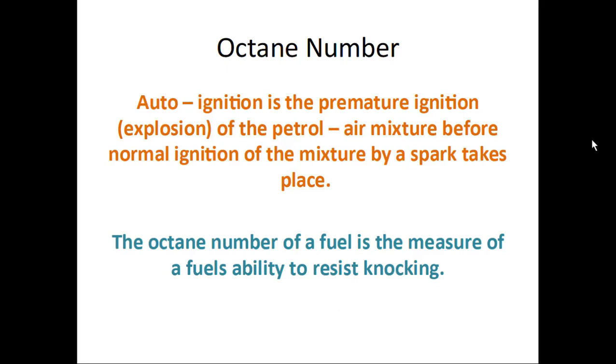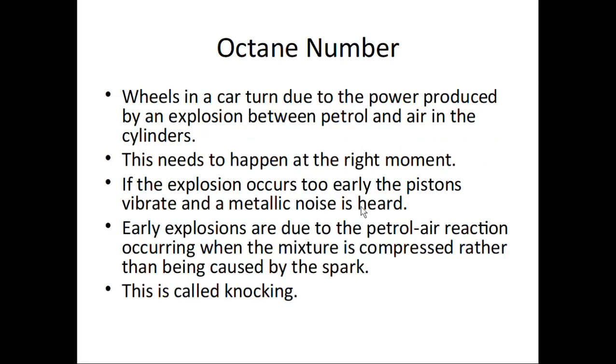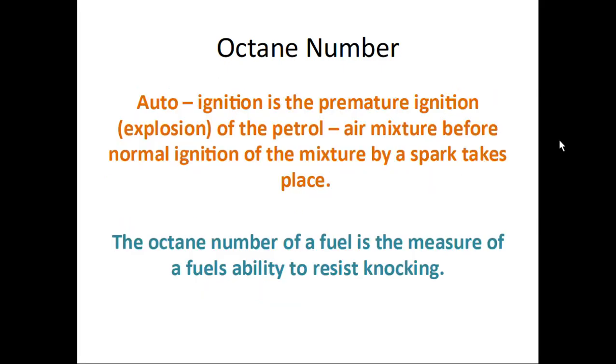And this is your definition for it. It's the premature ignition or explosion of the petrol-air mixture before normal ignition of the mixture by a spark takes place. You just need to know that definition. You don't need to know any detail behind it, really, of that explanation that we just went through. That's just trying to give you some idea of what it is.